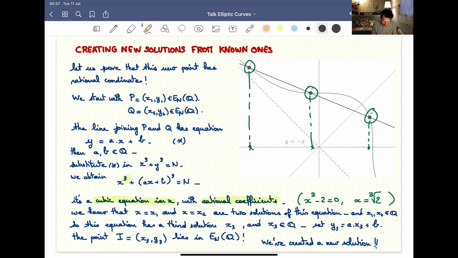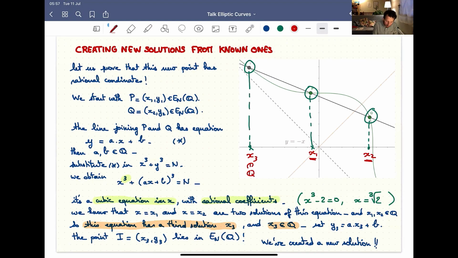The equation has a third solution, x3, and x3 is a rational number. So in terms of the picture, this would be x2, this would be x1, and this would be x3. And if x1 and x2 are rational numbers, then this x3 is also a rational number.